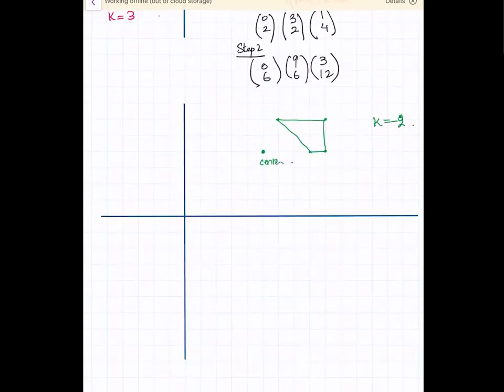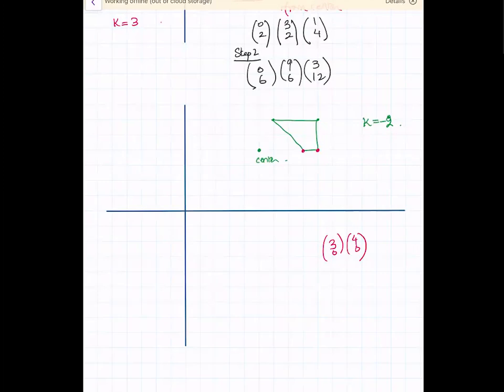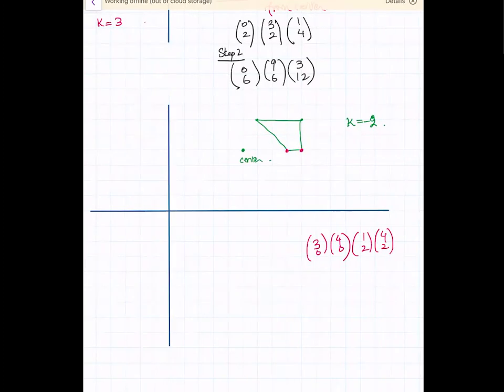This is the center. So let's take the column vectors 3, 0, 4, 0, 1, 2, 4, and 2. Now what do we have? Multiply by the scale factor. -6, 0, -8, 0, -2, and -4, -8 and -4.